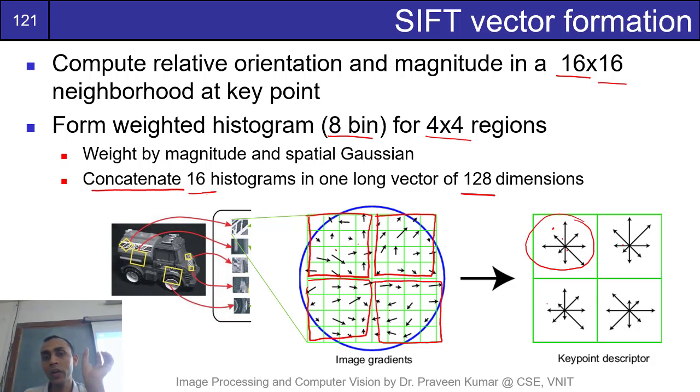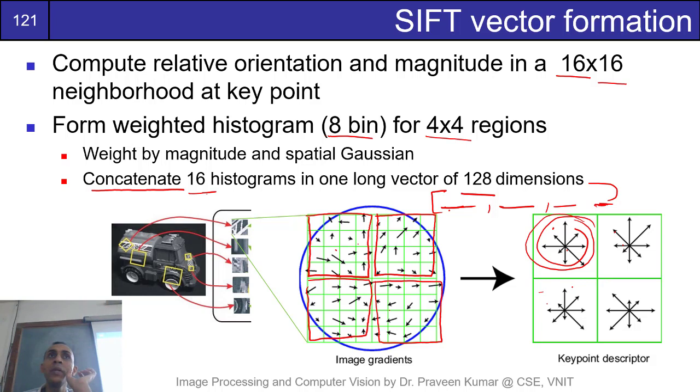As you see now, the way they concatenate is that the first histogram will occupy the first part of the vector, then the second histogram will occupy the second part, the third histogram will occupy the third part, and so on. So some spatial layout is being maintained, because the top left location goes to the initial part of the vector, and similarly the bottom-most location is going to be at the end of the vector.